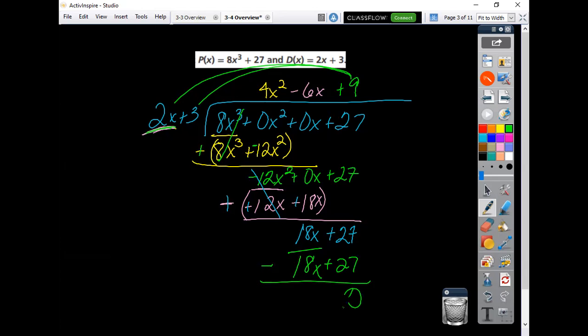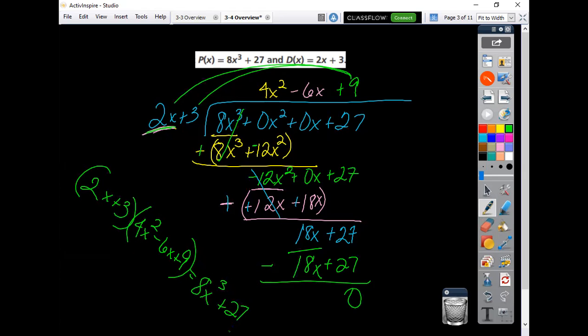So there's long division where it actually came out just perfect. The equation I would write here, 2x plus 3, this is the product form, times the 4x squared minus 6x plus 9 equals my original 8x cubed plus 27.